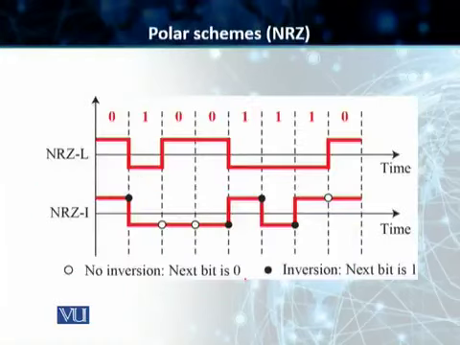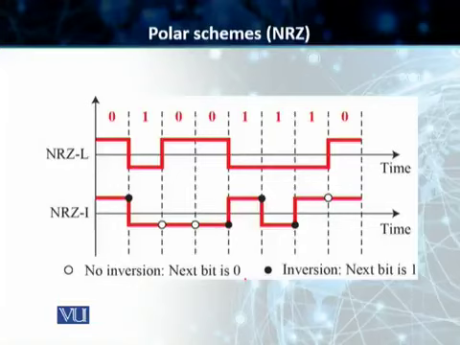Students, moving on to the polar schemes. There are 2 subtypes of the polar schemes: non-return to 0 level, and non-return to 0 invert. In both these cases, the primary commonality is that we are now using voltages which are on both sides of the time axis.